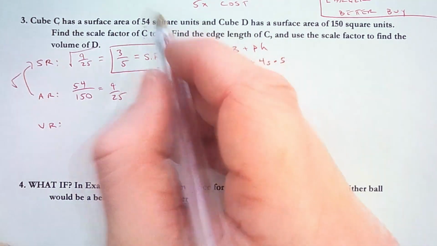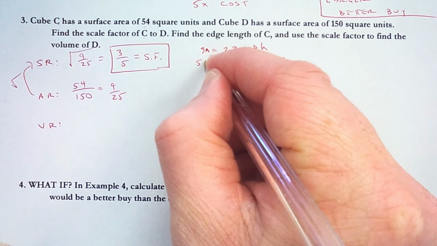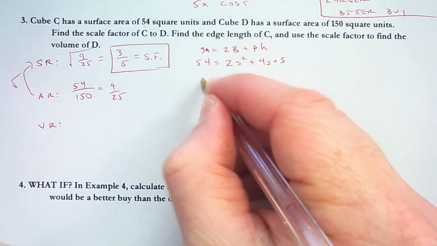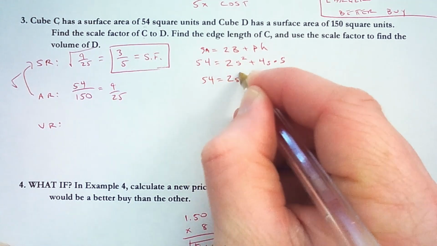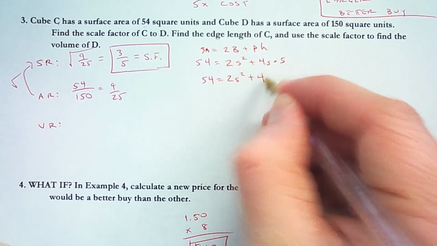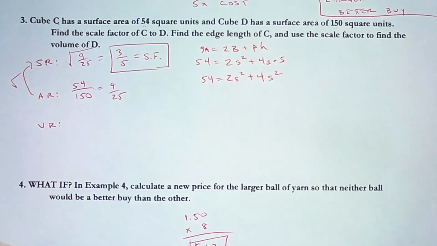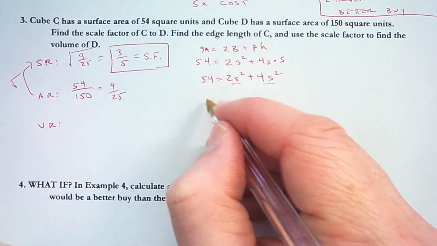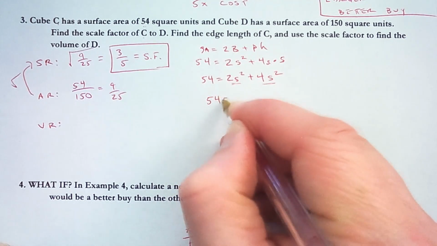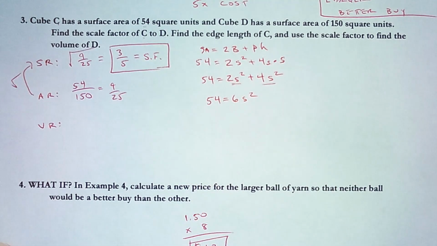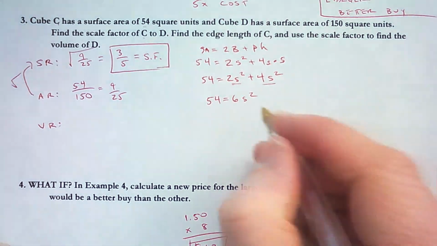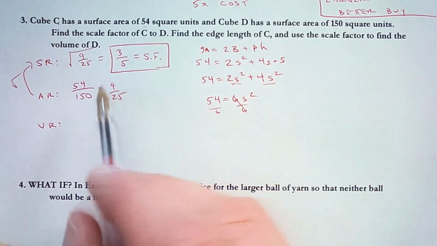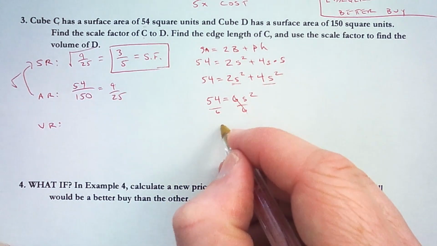So this surface area formula here for cube C gives us 54 square units. So we have 54 equals 2s squared plus 4 times s, which is s squared. And now we have like terms, 2s squared and 4s squared. So 54 equals 6s squared. And we can divide both sides by 6. And we've done 54 divided by 6 right here, and we got 9.